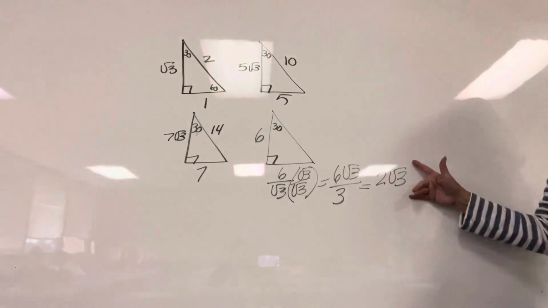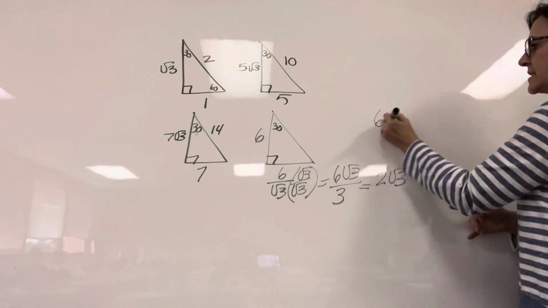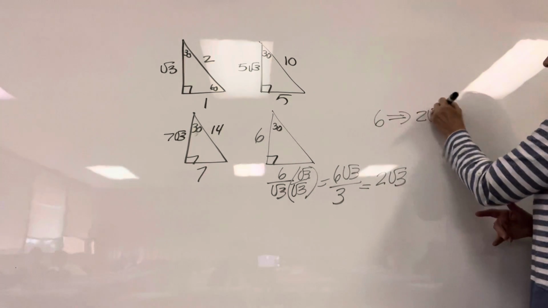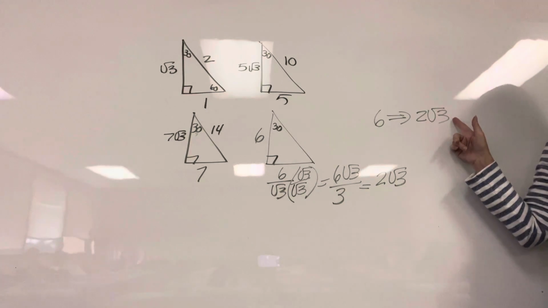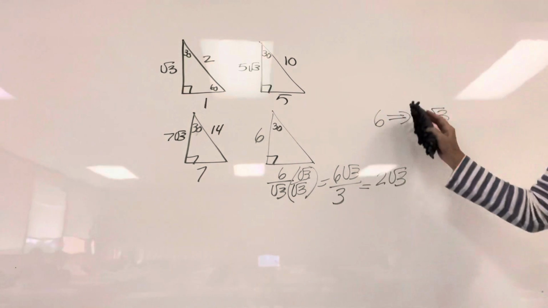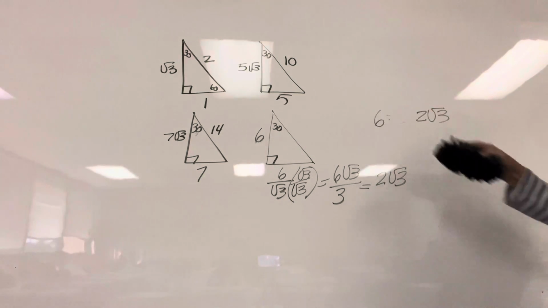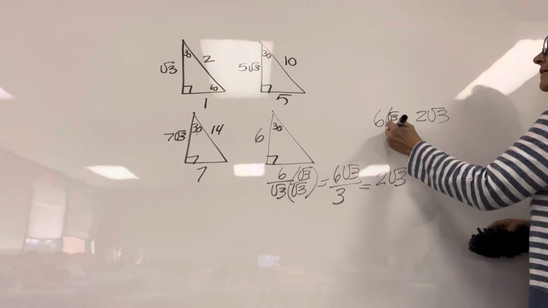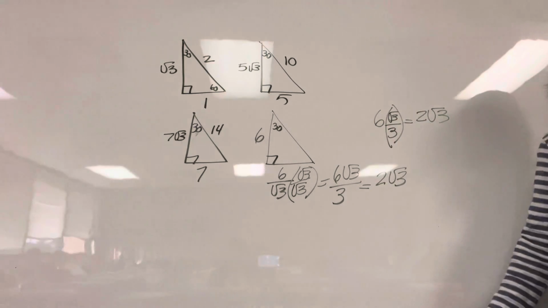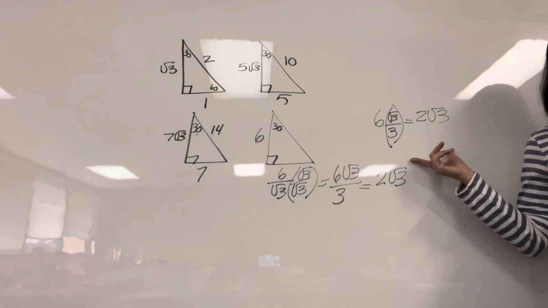Okay, so let's see a pattern. How do I get from 6 to 2 square root of 3? Do I multiply by square root of 3 over 3? Is that the same answer?